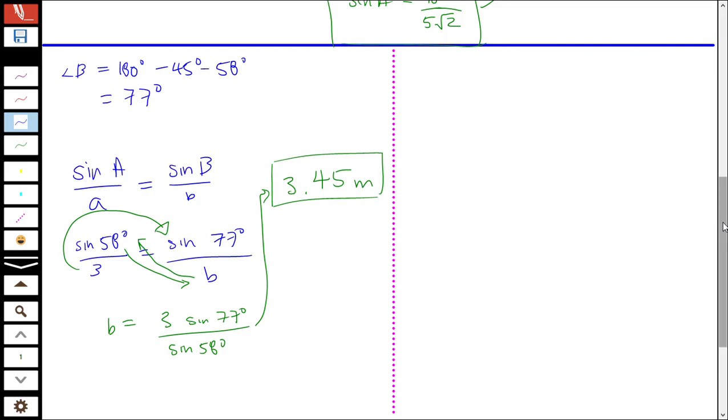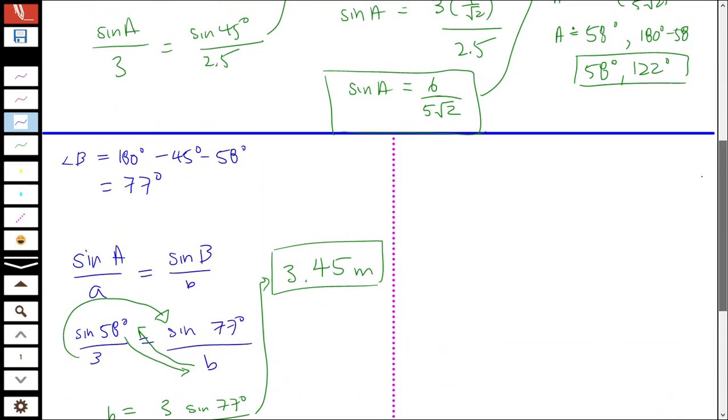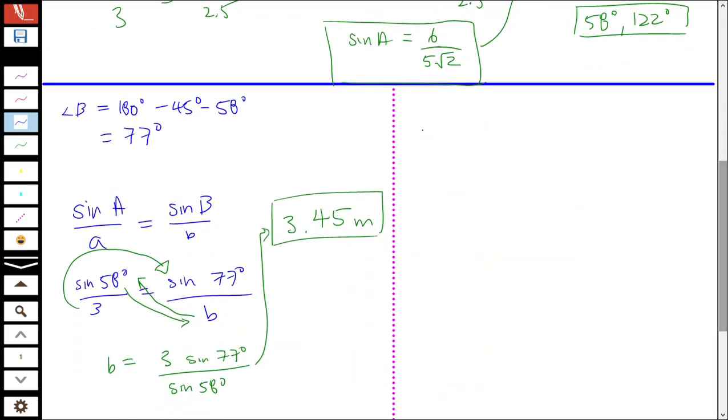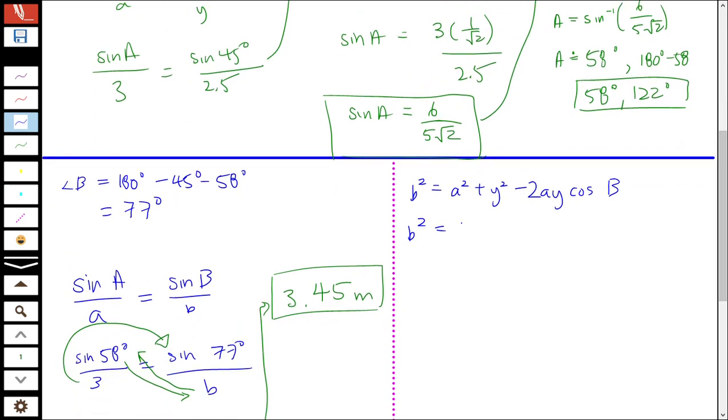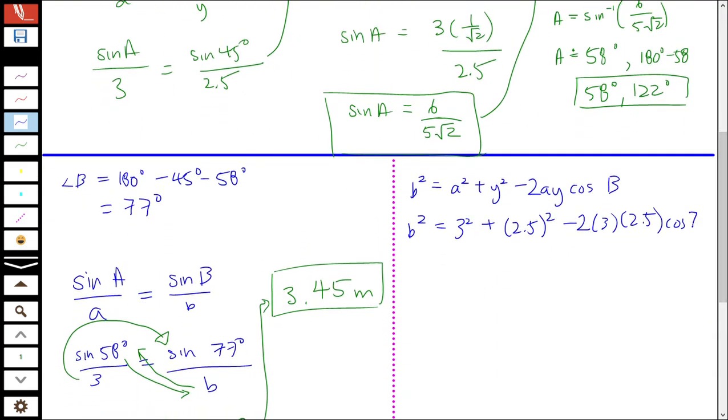So if I use the cosine law, the length that I'm looking for is going to be little b, so b squared equals a squared plus y squared, those are our other two variables, minus 2ay times the cosine of capital B. So b squared, and our value of a was 3, y was 2.5, minus 2 times 3 times 2.5, and then cosine of my angle B was 77.